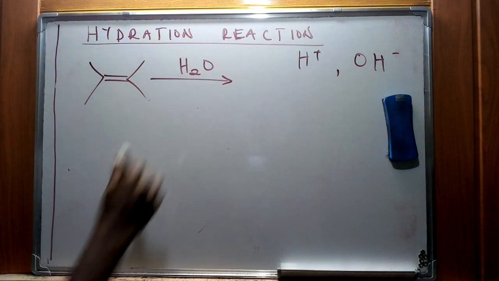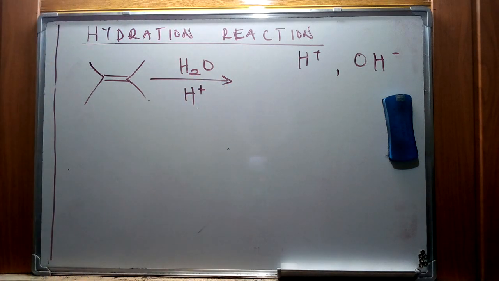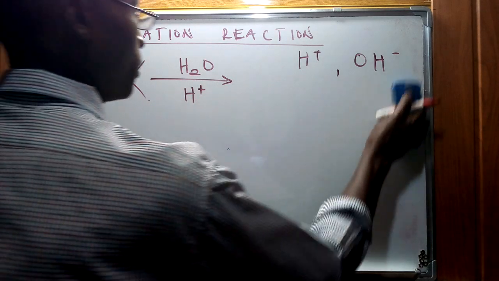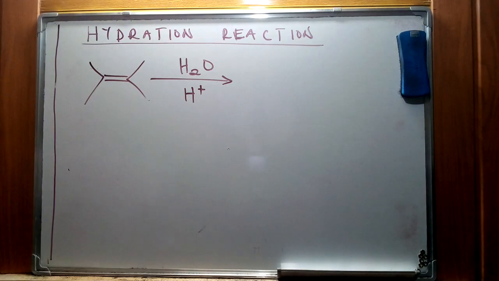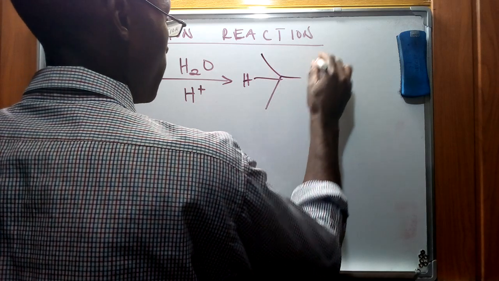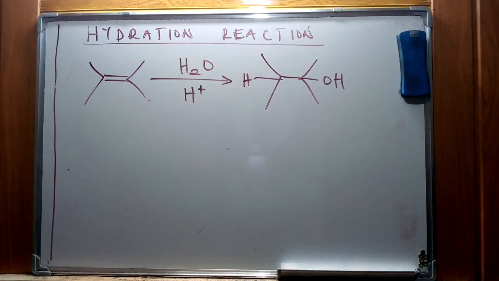This kind of reaction takes place in the presence of a strong acidic aqueous solution, which is going to be illustrated using this H positive ion, which is basically a proton. So we're going to have the final product illustrated as this one, whereby we have the addition of the OH group and hydrogen at those specific points.